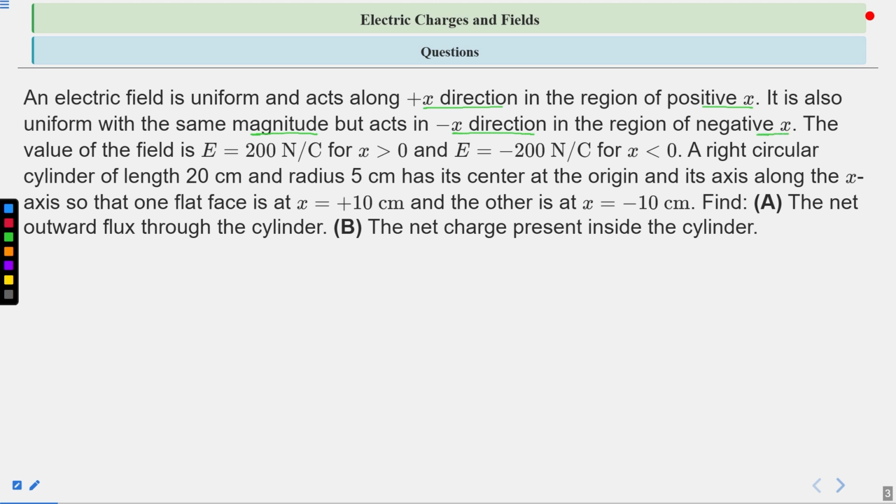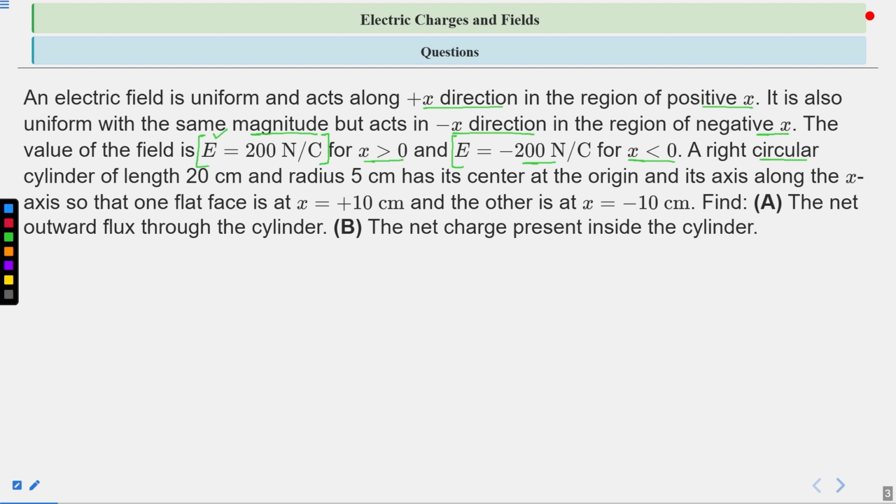The value of electric field is E equal to 200 Newton per Coulomb for x greater than 0, and E equal to minus 200 Newton per Coulomb for x less than 0. So there are two values of E along the x axis and along the minus x axis.